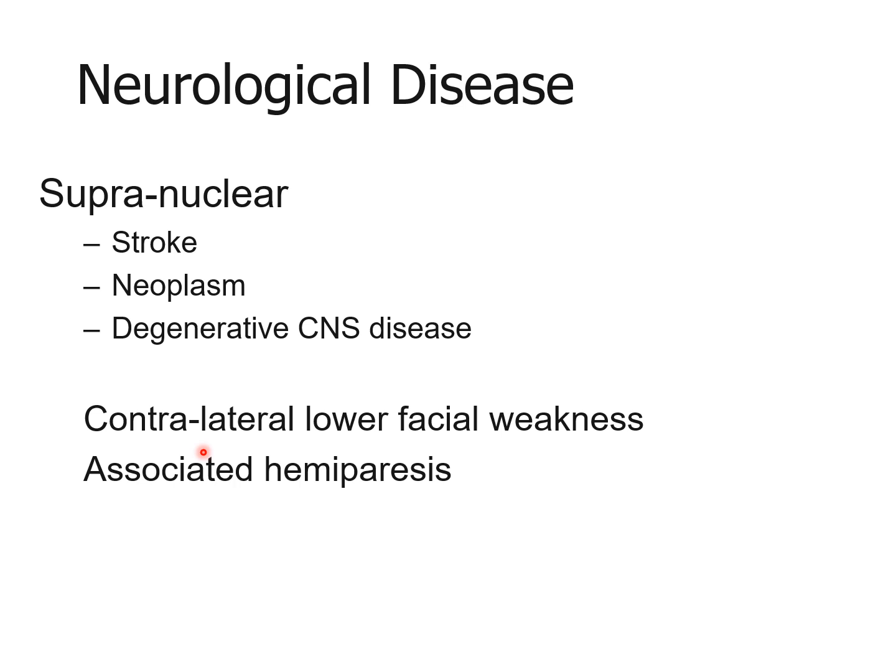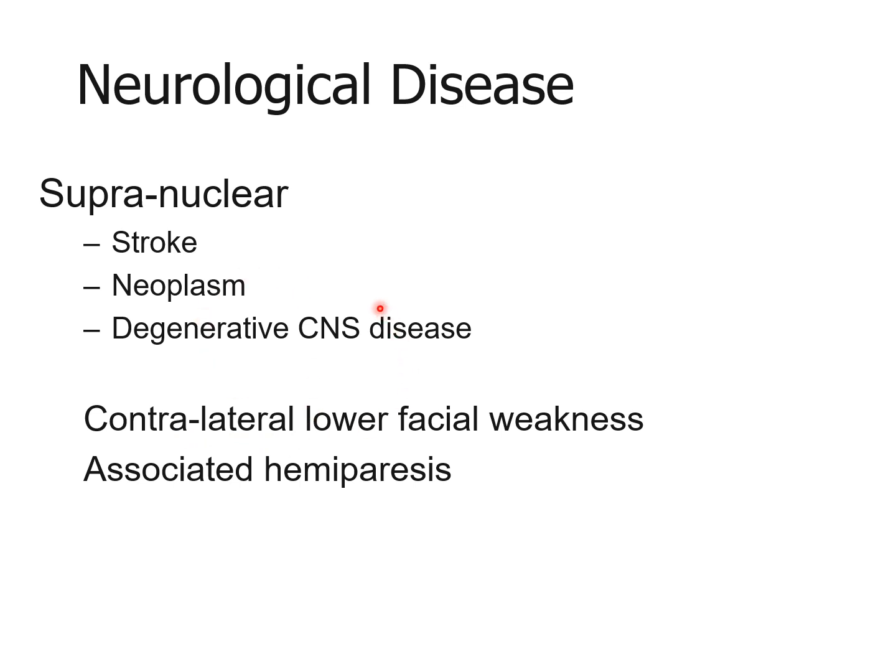The upper face is spared, so the muscle function in the upper part of the face is intact. It's only the contralateral lower face which is affected, and there could be associated hemiparesis.